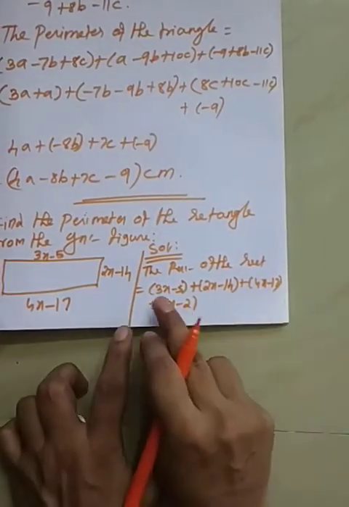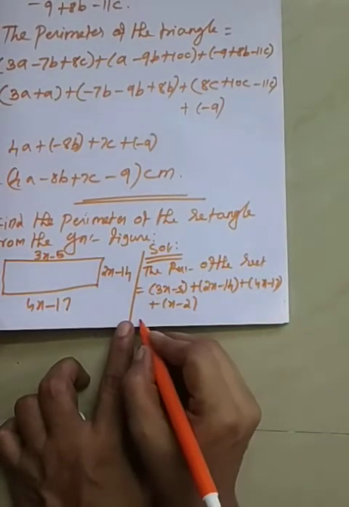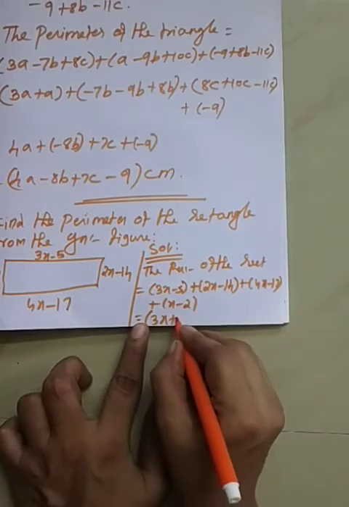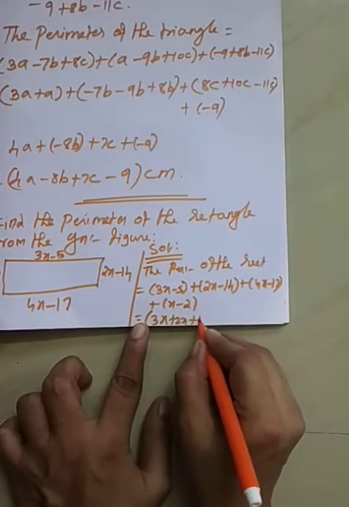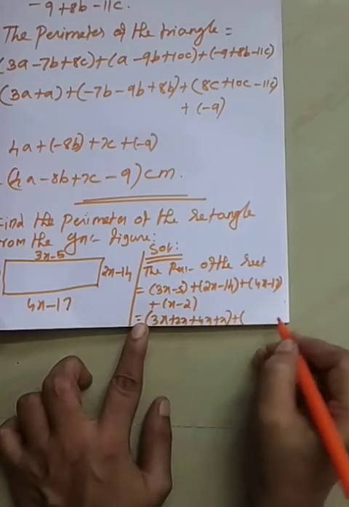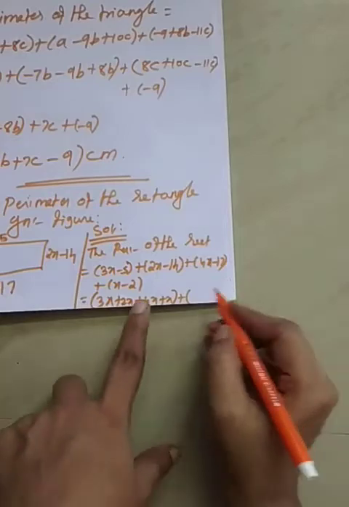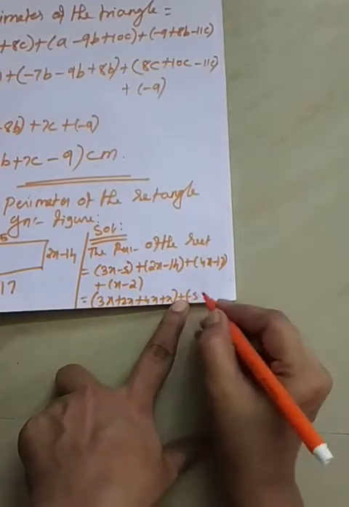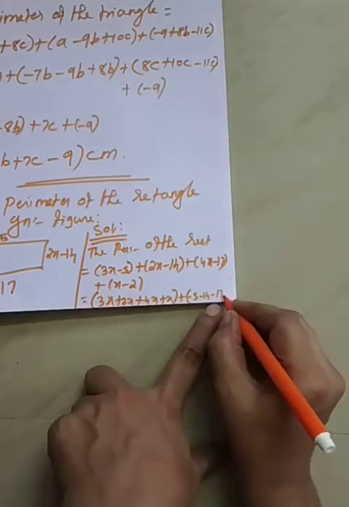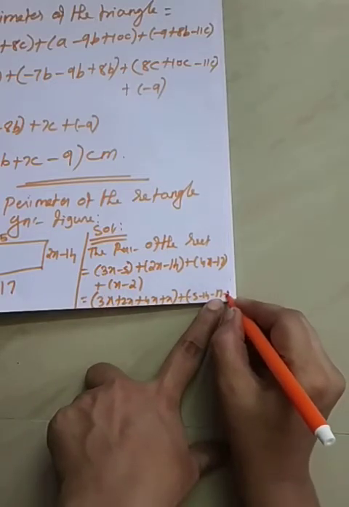Now you can arrange these terms first. First 3x, then 2x plus 4x, plus x. Next the constants, what are they? Minus 5 minus 14 minus 17 minus 2.